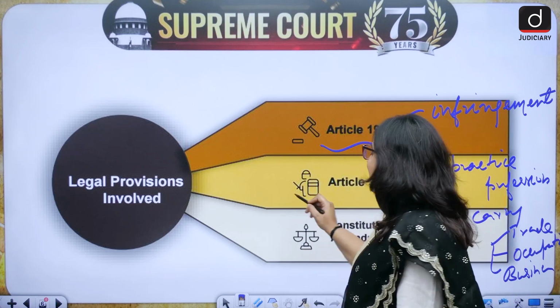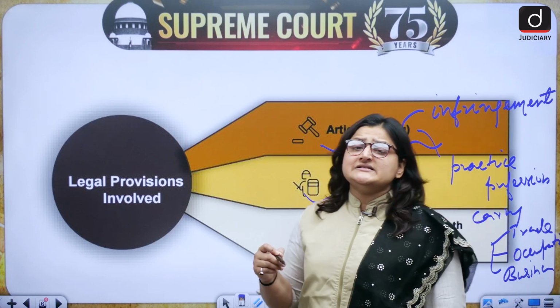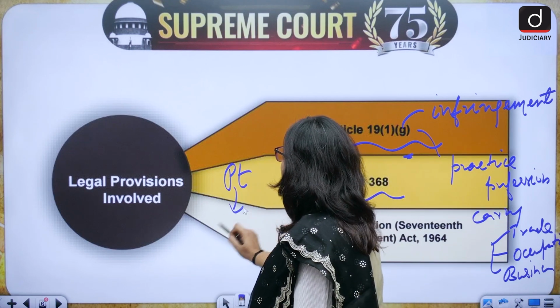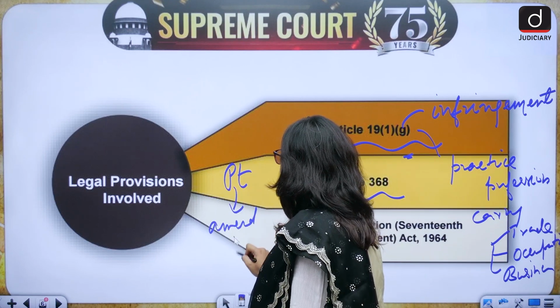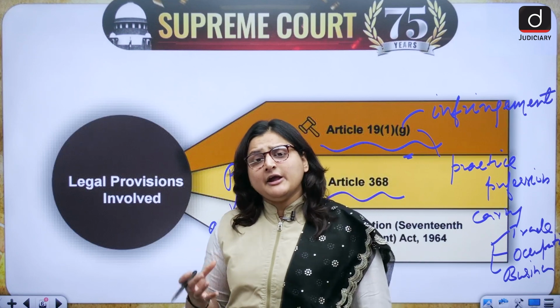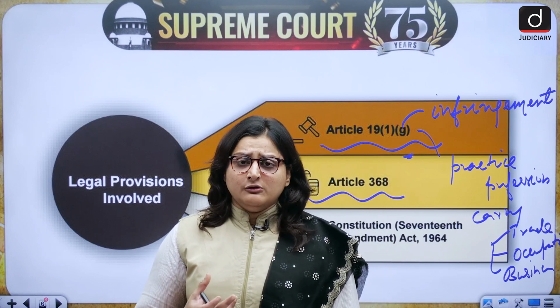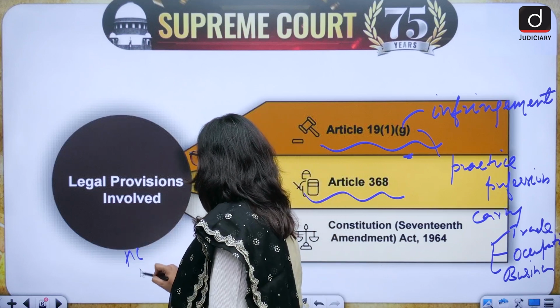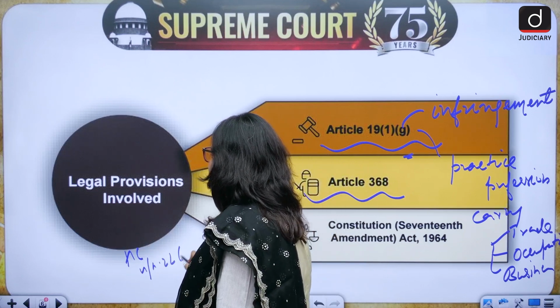Moreover, he claimed regarding Article 368 of the Constitution, whether the Parliament can amend Part 3 of the Constitution. It means whether the Parliament can amend fundamental rights also. Is it not violating the High Court's power under Article 226?